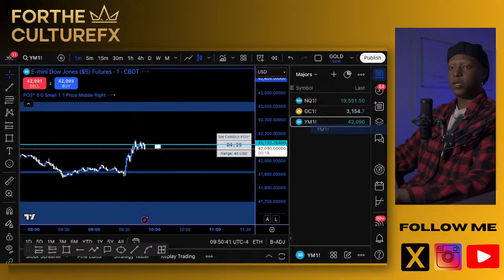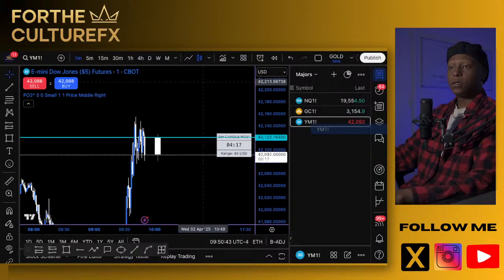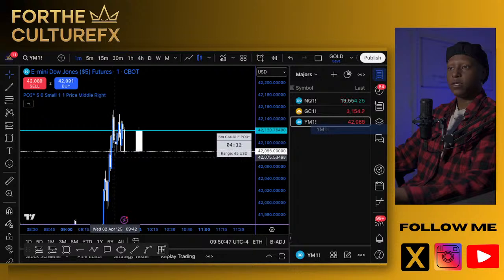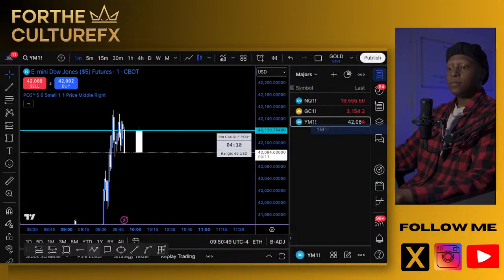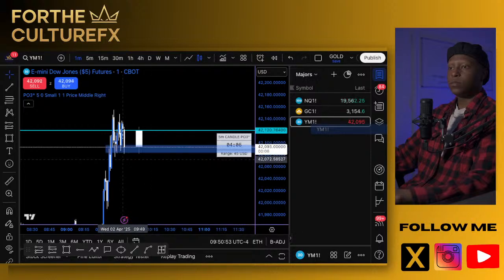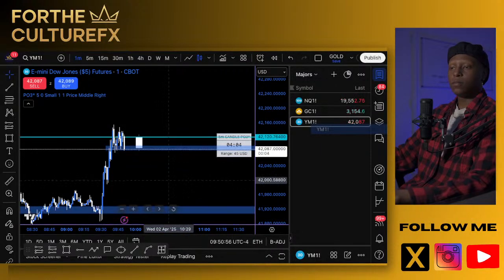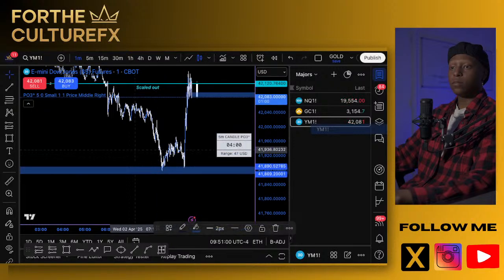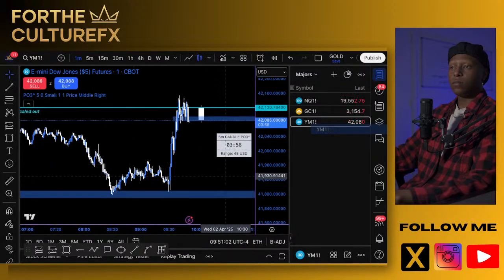Price failing to break the highs. See if we get a smaller time frame market shift within this area. All right, boom.